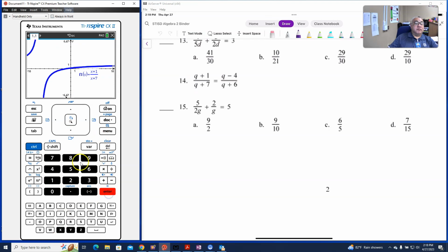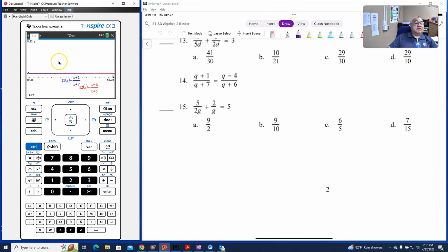Press enter. And then let's go ahead and type in the right side. So we're going to go to menu, graph, equation editor. So we're going to type in x minus 4 divided by x plus 6. Enter. And let's double check our equation. So you have x plus 1 divided by x plus 7, and then you have x minus 4 divided by x plus 6.